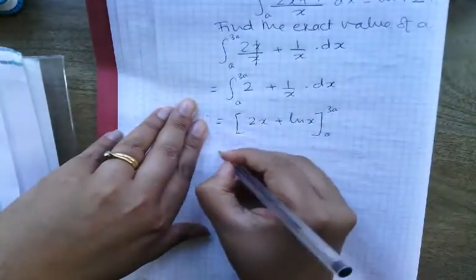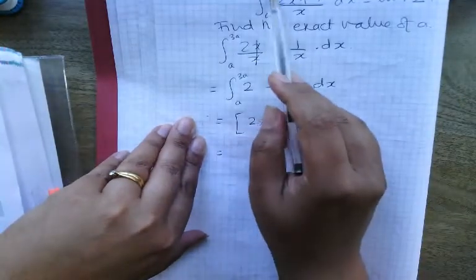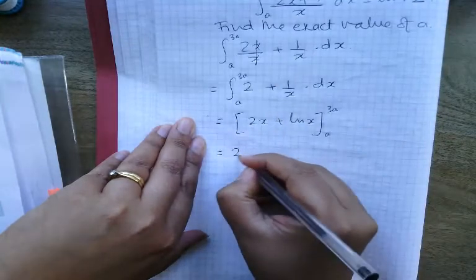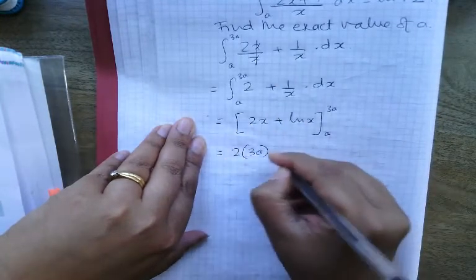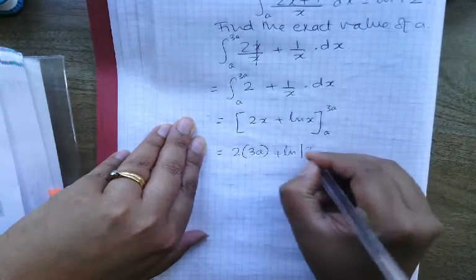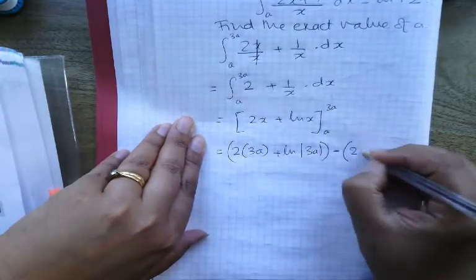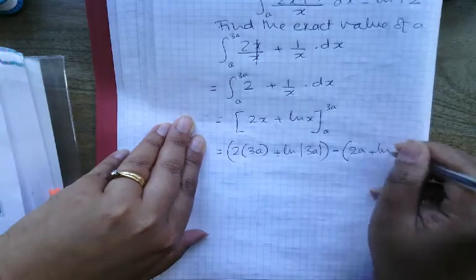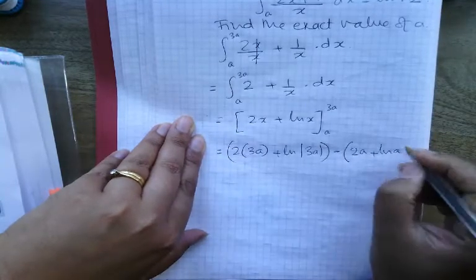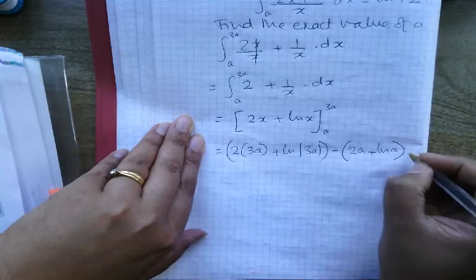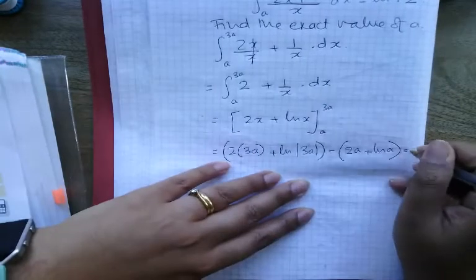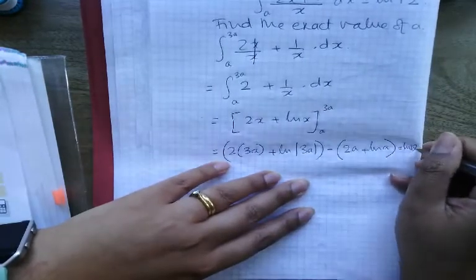I'm now going to put in the limits. So the bigger limit goes in first. So I've got 2 times 3a plus ln 3a minus 2a plus ln a. Okay, and all of that is equal to ln 12.